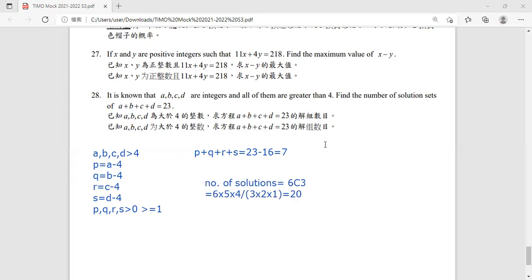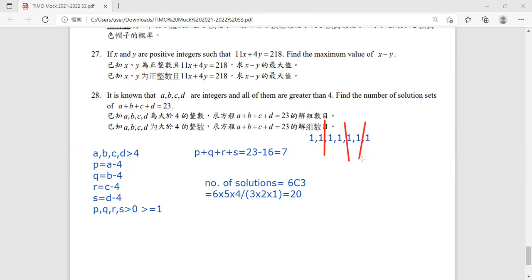It's the same as question 5. You consider there are 7 ones here. I have to put sticks in it and divide into groups. Oh, I have to put 3 sticks in it, 4 groups. Sorry, my bad, 4 groups.